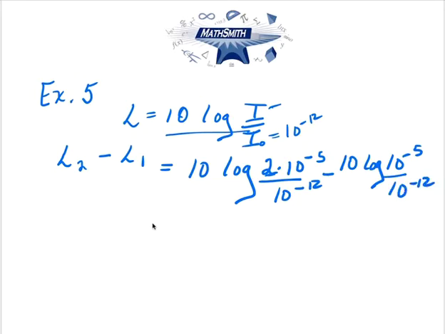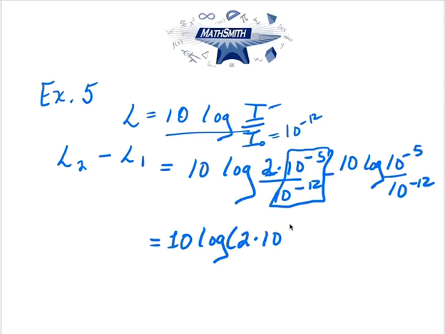All right, so now we want to simplify things a little bit. We're going to get 10 log, and by the way, this is all base 10, 2 times, and let's simplify this. What is 10 to the negative 5 divided by 10 to the negative 12? If I move this upstairs, it becomes positive 12 minus 5. So this is 10 to the 7th power.